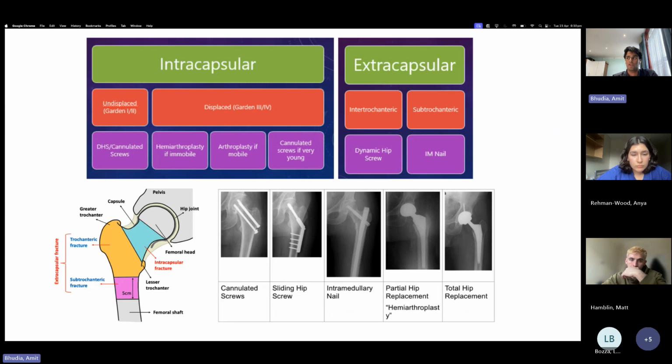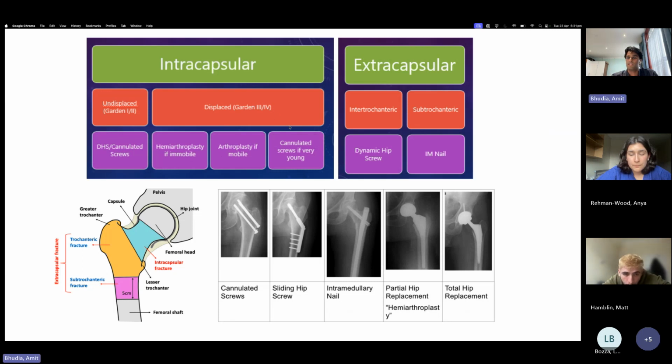So if the patient's bedbound, there's no point giving them a completely new hip because they won't use it and it'll become stiff. And then if they're immobile, you go for a hemiarthroplasty, which is just one side of the hip replaced. So just where the femoral head is, that's replaced, not the actual capsule of the hip.